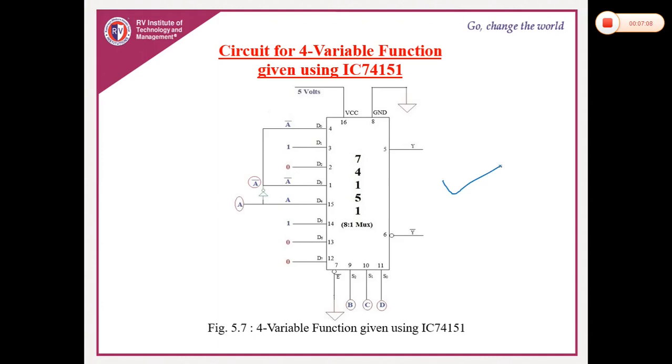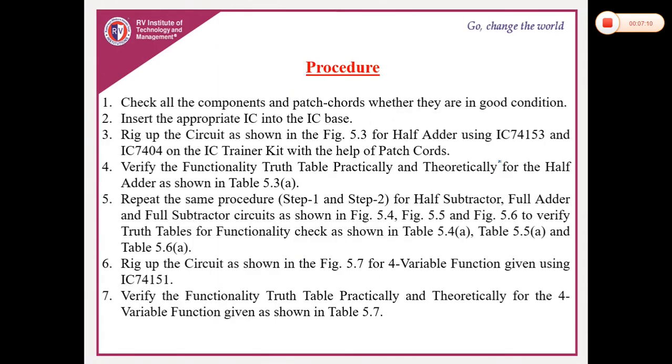So your procedure is you first test all the patch cords and components to see whether they are in good condition, then place all the given ICs in the IC sockets properly in the trainer kit. Then you implement half adder, half subtractor, full adder and full subtractor using the IC 74153.